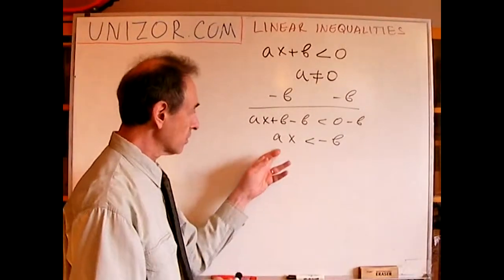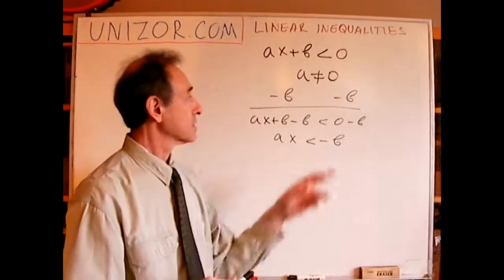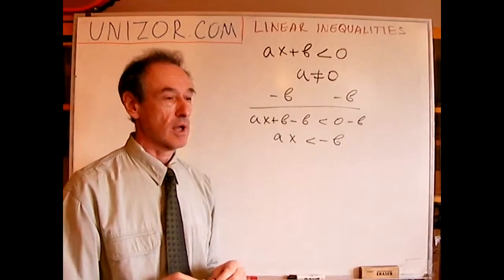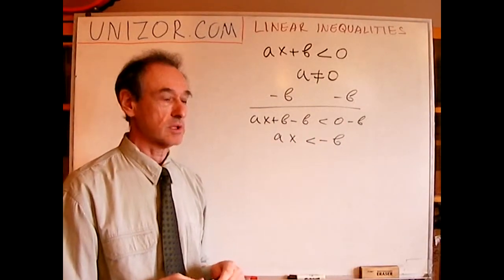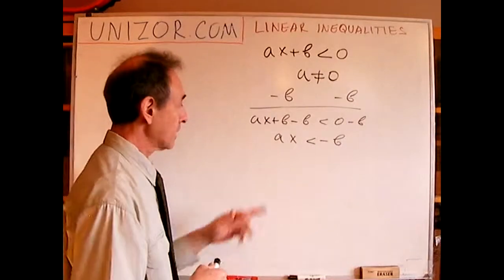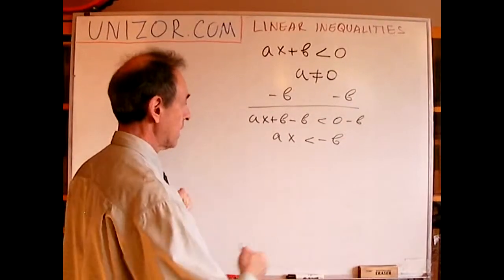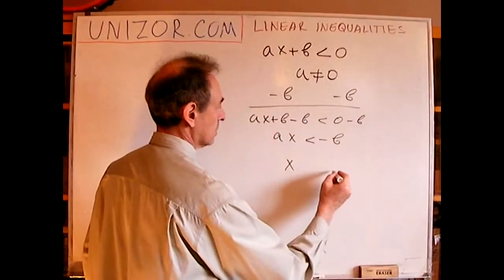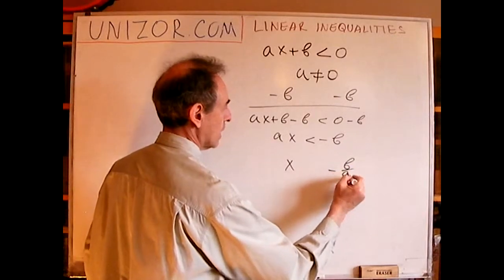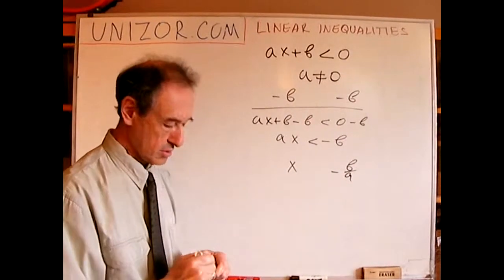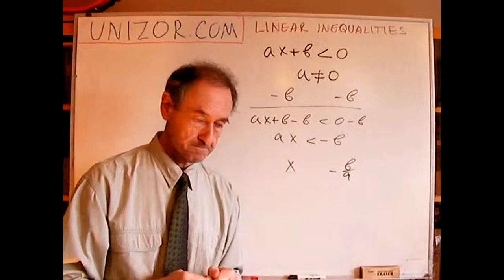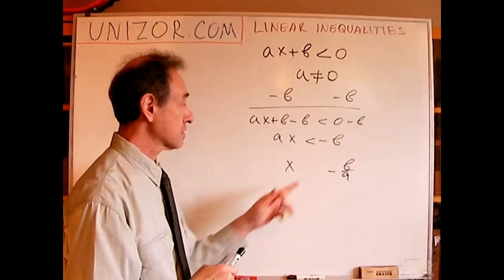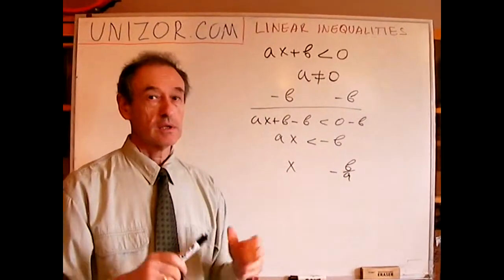Well, naturally, the next step, considering a is not equal to 0, otherwise it would not be an inequality, is to divide by a. So on the left we will have x, on the right we will have minus b over a. A is not equal to 0, so there is nothing wrong with b over a. Well, the question is what sign to put in.